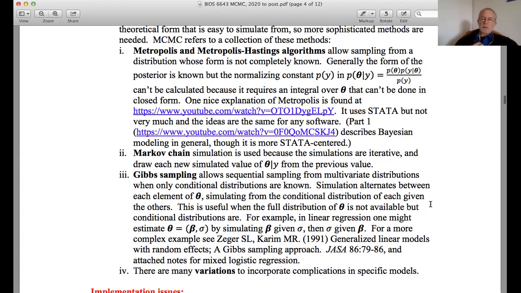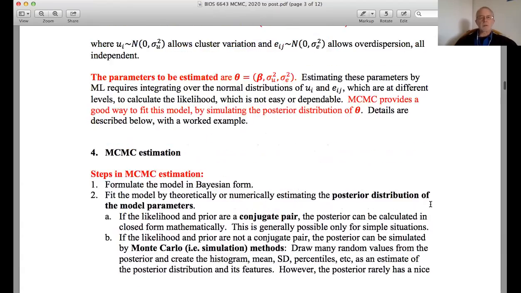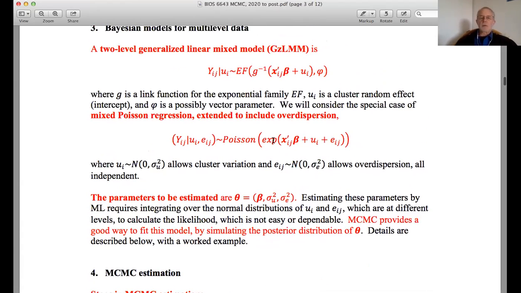Gibbs sampling allows you to use some known things. Like in the previous example we talked about, say the negative binomial, let's go back up here and look at this one. For a problem like this, it would be broken down into a couple of chunks. The idea of Gibbs sampling is you go through the parameters one at a time. So you'd first sample beta 0. Then using beta 0, you'd sample beta 1.